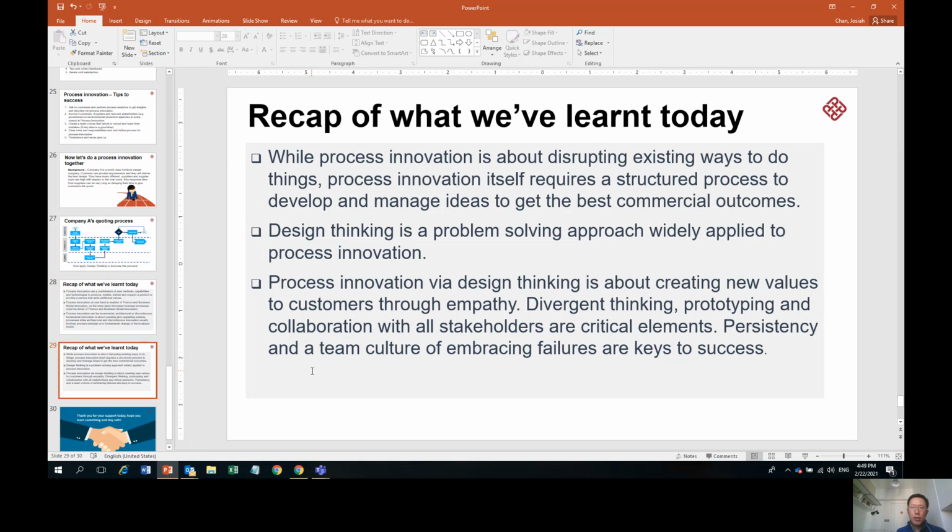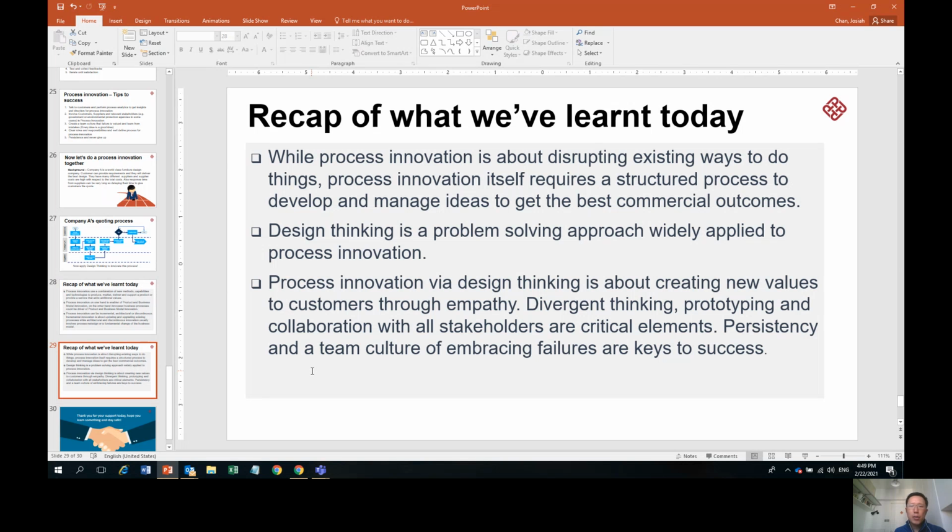I have emphasized this a few times in these lectures. You need a structured approach because there are just too many different ideas. If you don't have a way to properly manage and structure them, it's very difficult to leverage those ideas and turn them into a real, commercial product. So a structured approach to manage all this is required.